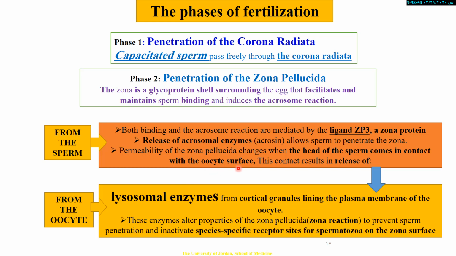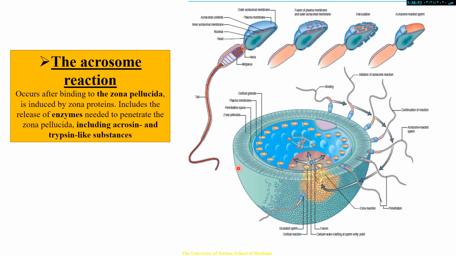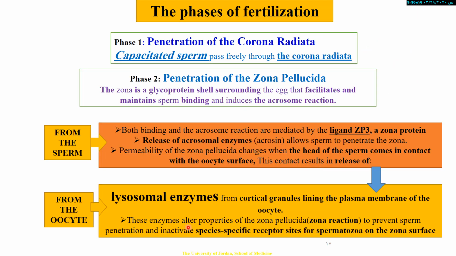Now, once the head of the sperm manages to get through the zona pellucida, it reaches the oocyte itself. The oocyte responds by releasing lysosomal enzymes from cortical granules lining the plasma membrane. So the plasma membrane of the oocyte contains these granules.